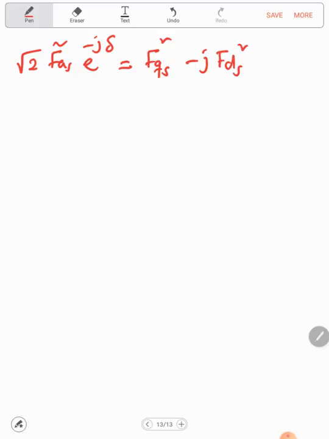So from here we can write the relation between the FAS and FQS and FDS. So square root of 2 FAS as a phasor exponential of minus j delta will equal FQSR minus j FDSR. And remember, this one is a phasor, but those are not phasors. Those are quantities.